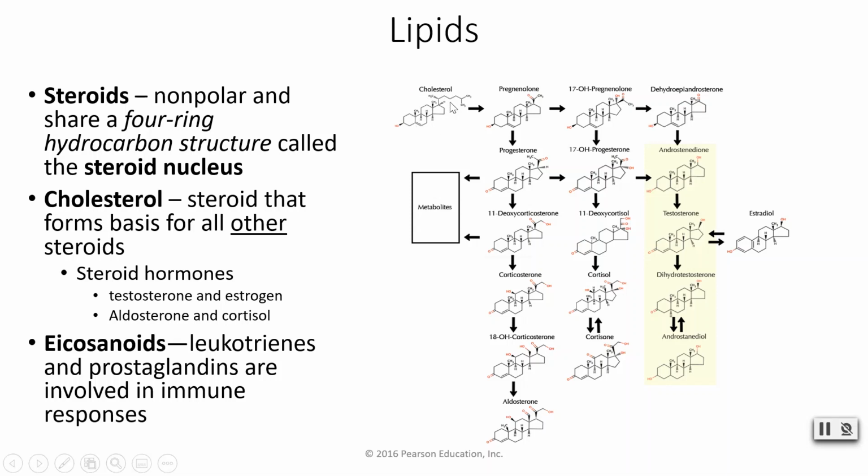Everything starts with cholesterol. So we take cholesterol and we fiddle with it and we add pieces and change pieces here and there. And we start to make things that we've heard of, like testosterone. You may have heard of cortisol or cortisone, aldosterone, estradiol, which turns into estrogen, progesterone.